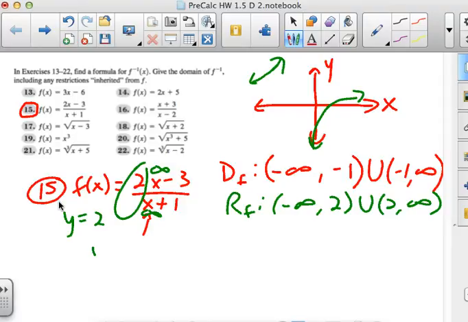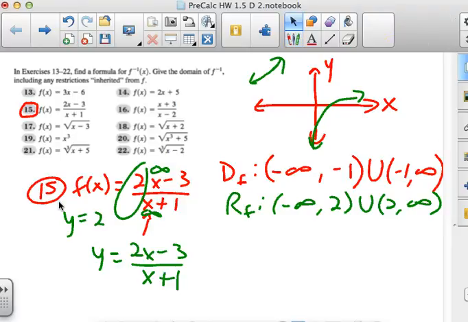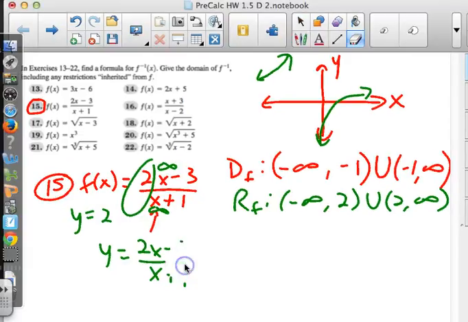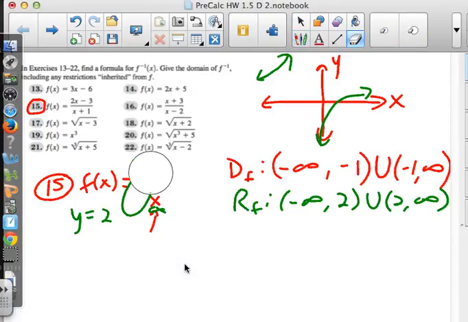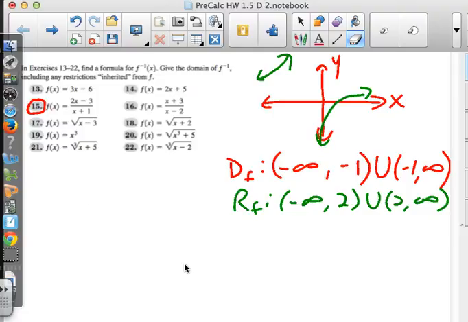And that means we start with y equals 2x minus 3 over x plus 1. And then what we do is we go ahead and switch the x and the y and solve for y. I'm going to have to do some small writing here because the smartboard has decided to misbehave again. So let me erase this and start with this.